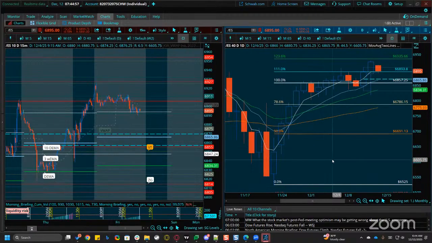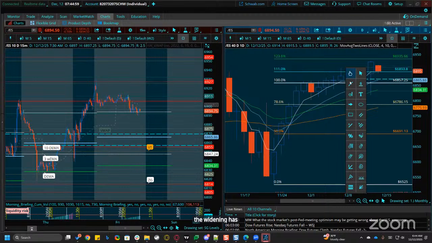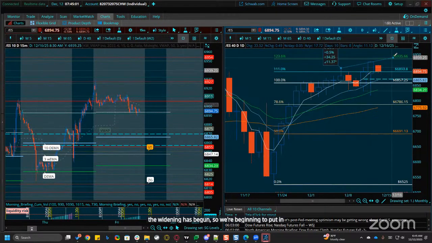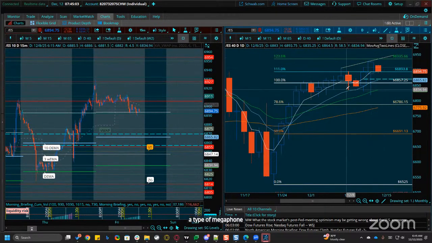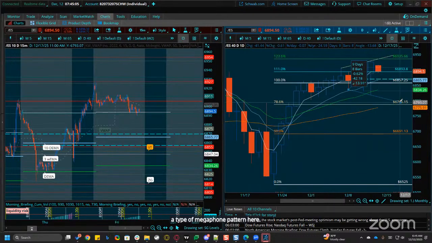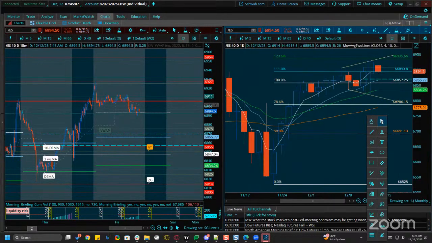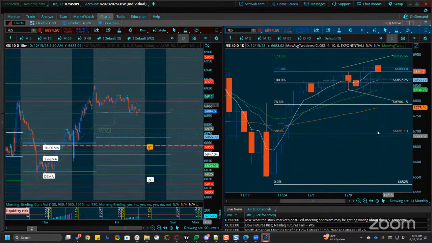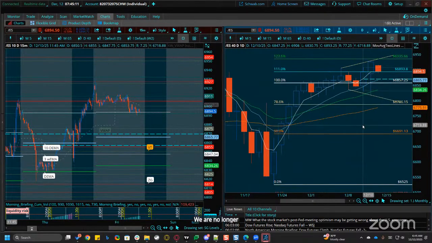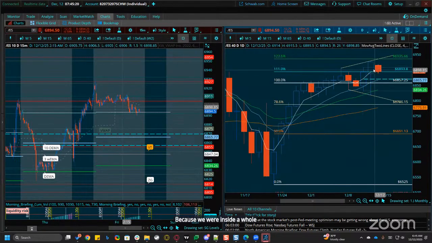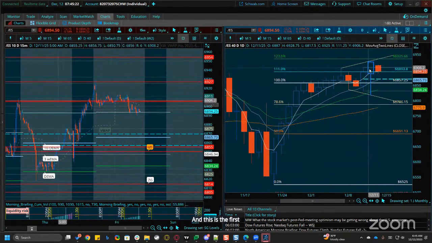The widening has begun, so we're beginning to put in a type of megaphone pattern here. We are no longer narrow range counting, and we are not IX10, because we are inside a whole new bar, and this is the first day inside that really big bar.